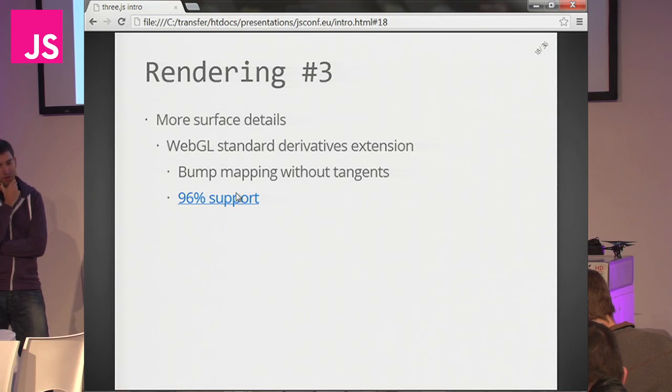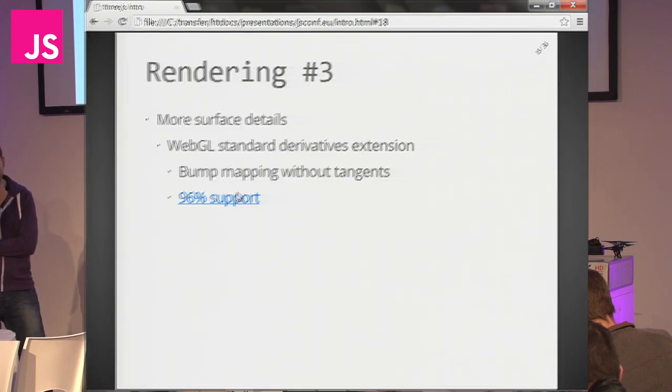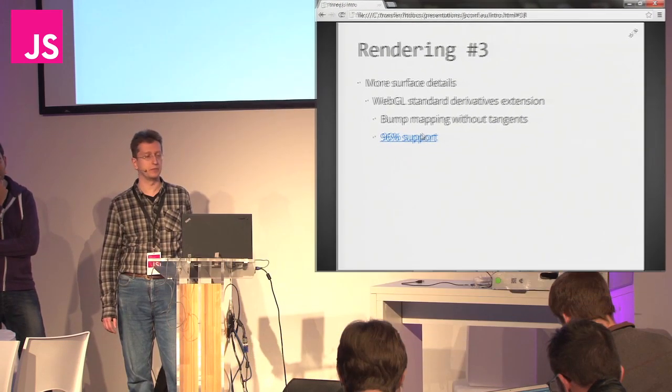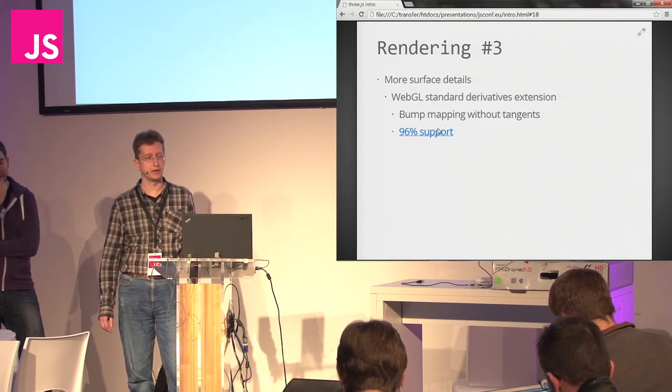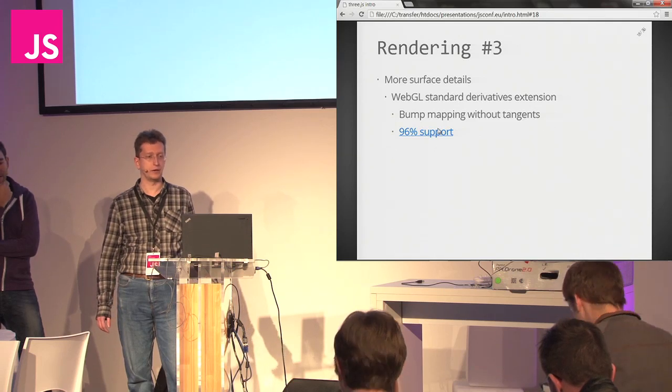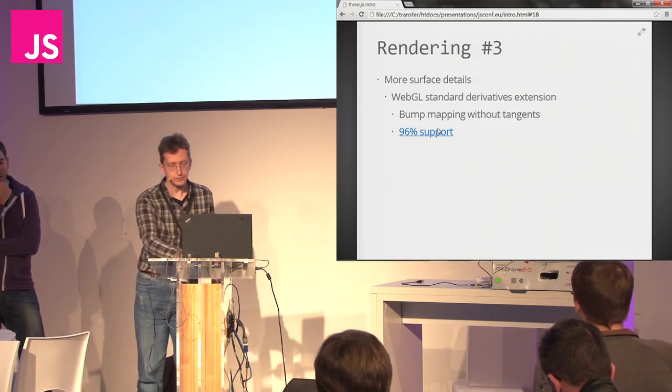Now, another way of getting higher visual quality in the rendered images is to add more surface detail. And here we take advantage of another WebGL extension that came quite recently to the stable browsers: the standard derivatives extension, which allows us to do high quality bump mapping.